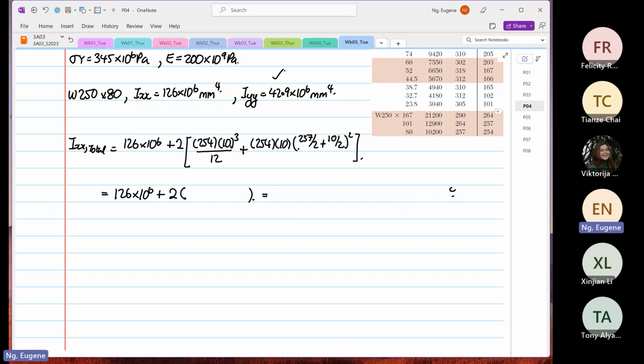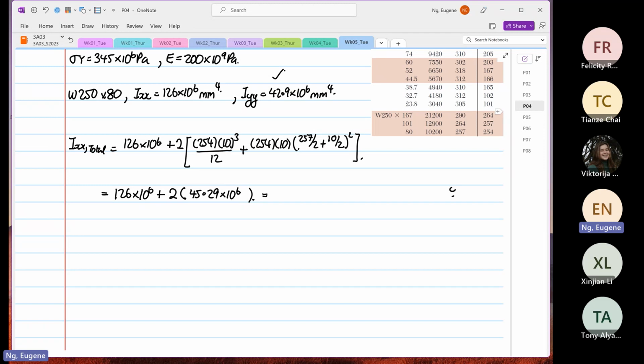So I get 45.29 times 10 to the power 6. Let me do it again. 254 times 10 to the power 3 divided by 12 plus 254 times 10 times bracket 257 divided by 2 plus 10 divided by 2 close bracket squared, 45.29. Okay, 126 times 10 to the power 6 plus 2 times 45.29 times 10 to the power 6.